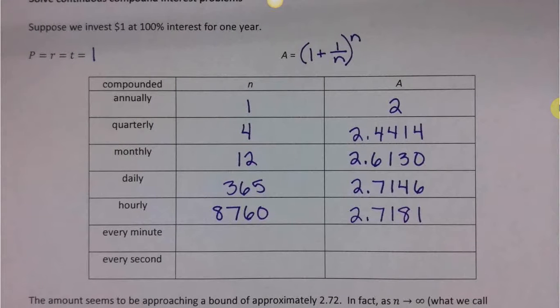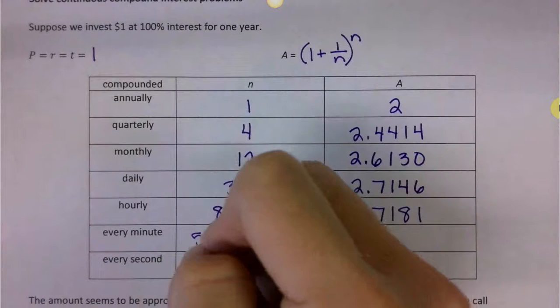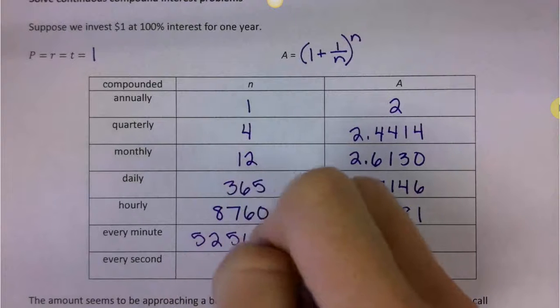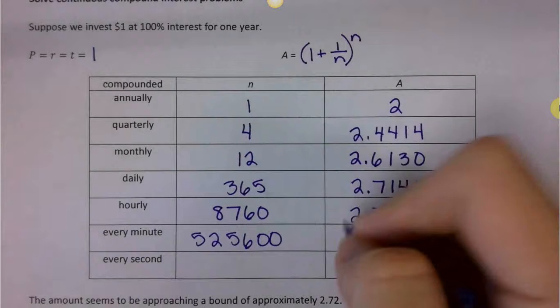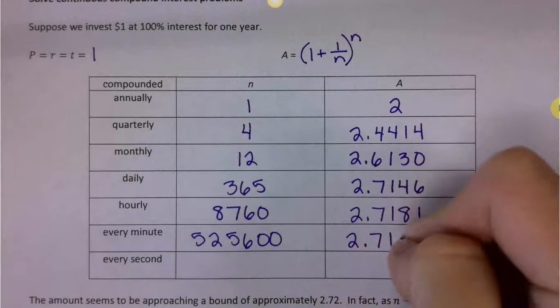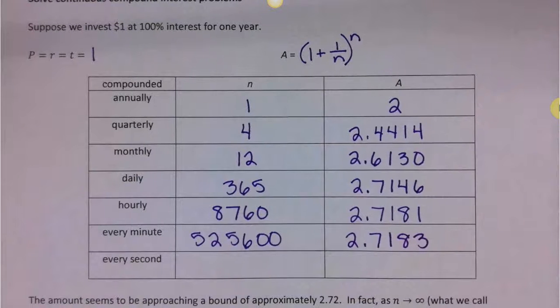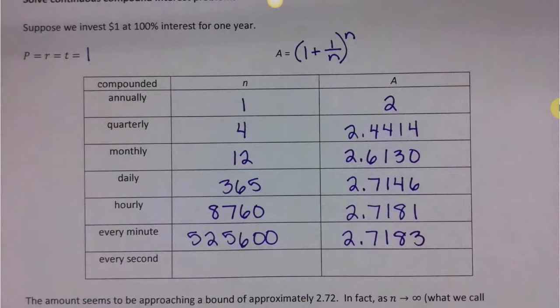Every minute, so that would be the 8,760 times 60 minutes in an hour, would give us 525,600 times per year. And plugging that in place of N gives us 2.7183 for A. And let's do one more. Every second.